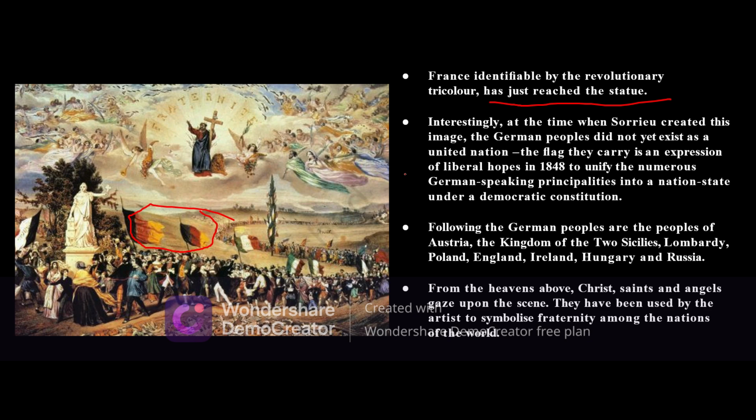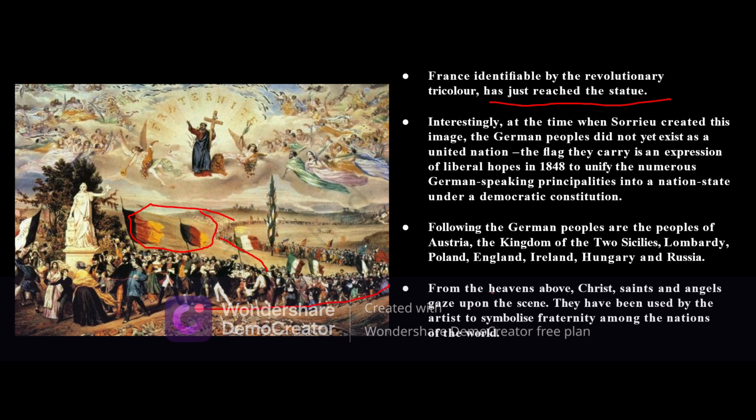Following the German people are the peoples of Austria, the Kingdom of the Two Sicilies, Lombardy, Poland, England, Ireland, Hungary, and Russia. So, all these communities are depicted here. People from these regions are standing in this line and they are trying to pay homage to the Statue of Liberty. From the heavens above, Christ, saints, and angels gaze upon the scene.